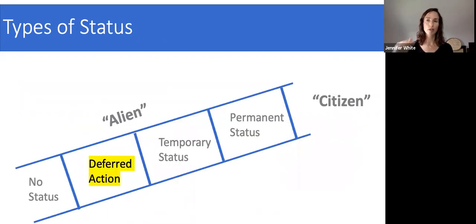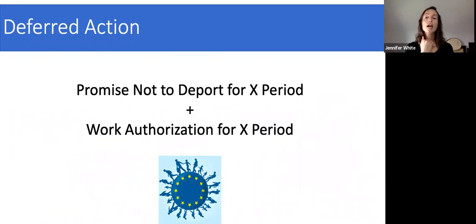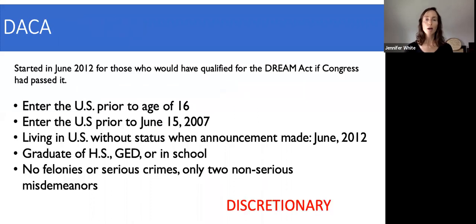Okay, we're moving up the rungs of the ladder. What is deferred action? Deferred action is pretty simple. It's just a promise not to deport for a certain period of time, and then work authorization for that same period of time. The most popular form of deferred action is DACA, Deferred Action for Childhood Arrivals.